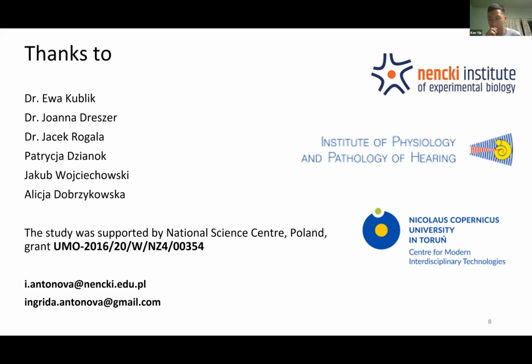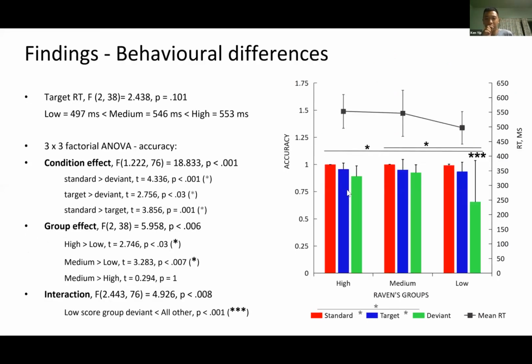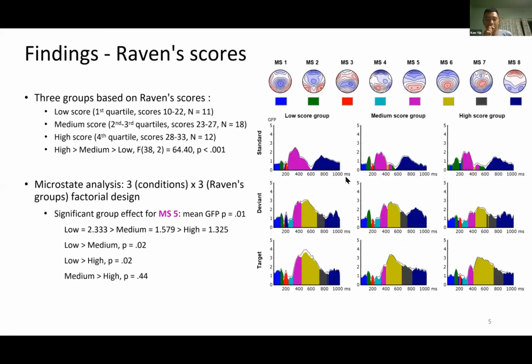Oh, sure. Yeah. So, what do you think about MS4, so microstate 4? Because it's quite interesting. It's earlier, much earlier than P3. So, what do you think it might represent? It may represent the beginning of the P3 component, which is a bit different in the deviant and target condition.